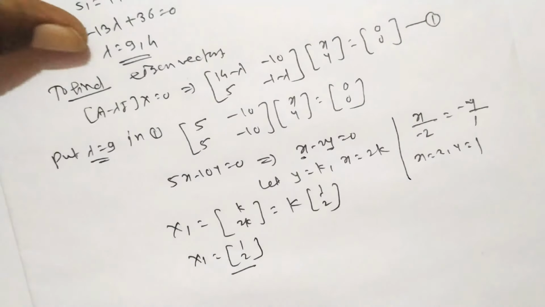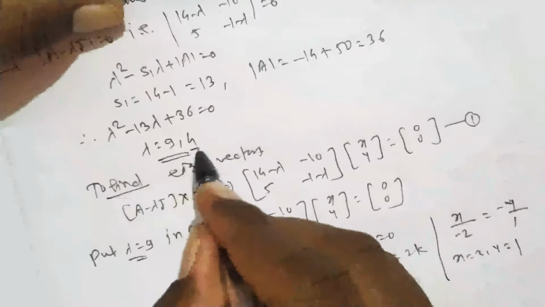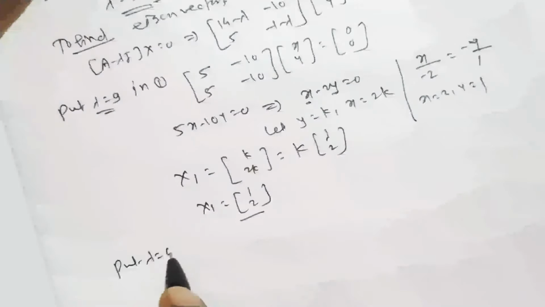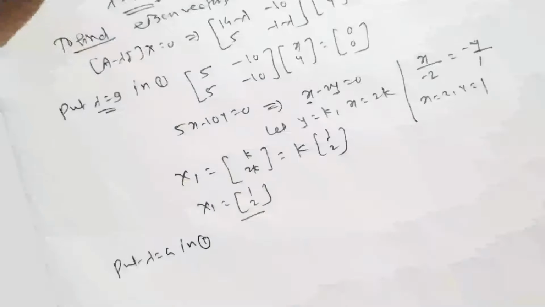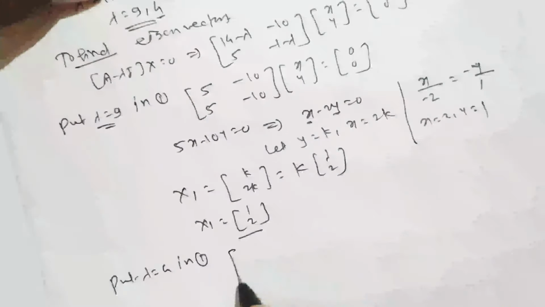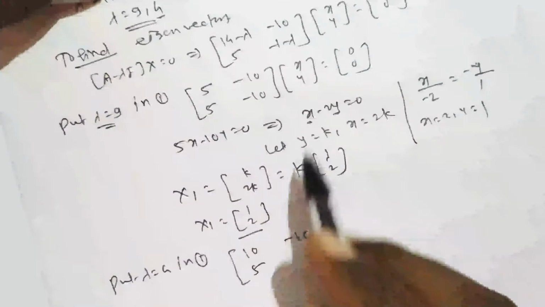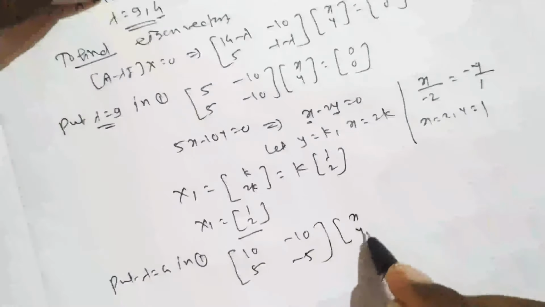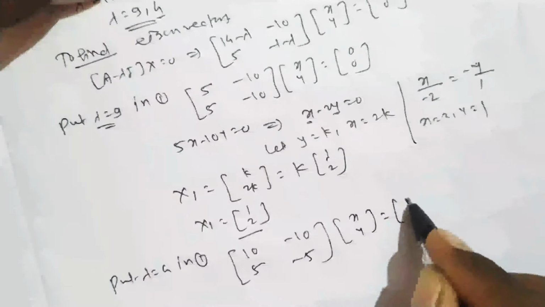Okay, then we have to find the second eigenvector. For the second eigenvalue, lambda is equal to 4. So put lambda equal to 4 in 1. If you put lambda equal to 4 in 1, then equation 1 becomes 14 minus 4 is 10, minus 10, 5, and here minus 5, into xy equal to 0 0.